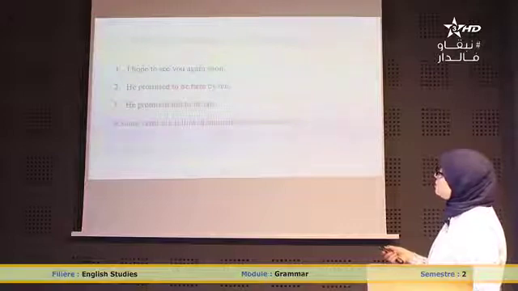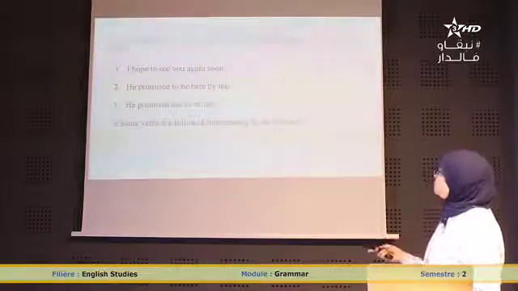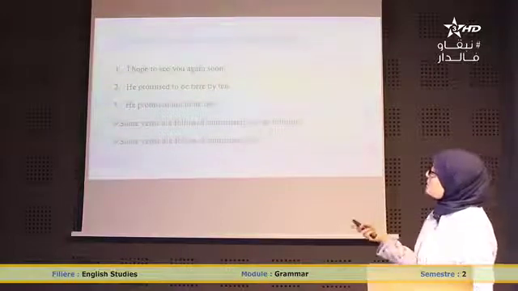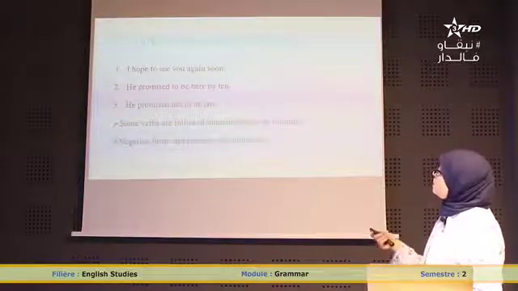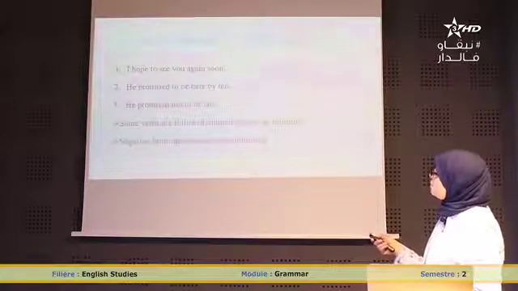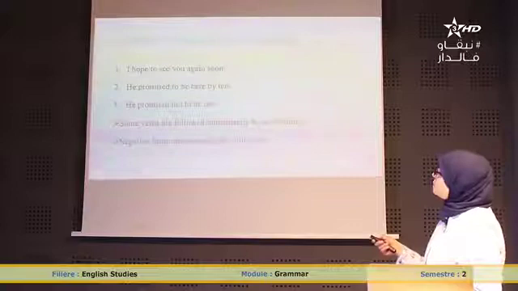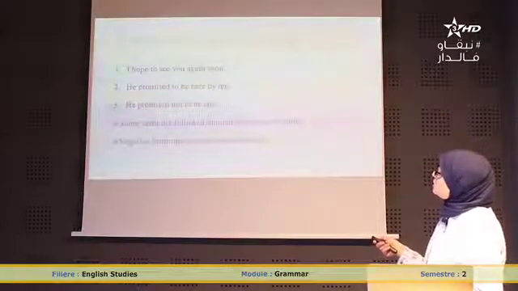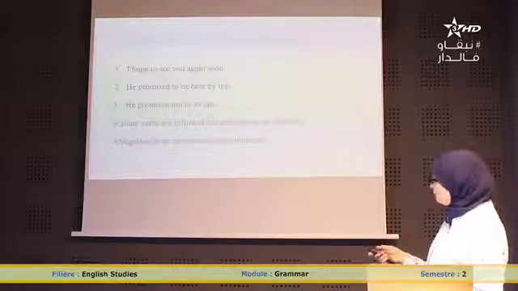It can be separated by an object. But this is something that we will see in a minute. Here, the negative form: the adverb of negation not always precedes the infinitive, and this is how we make a sentence with the infinitive in the negative. He promised not to be late.